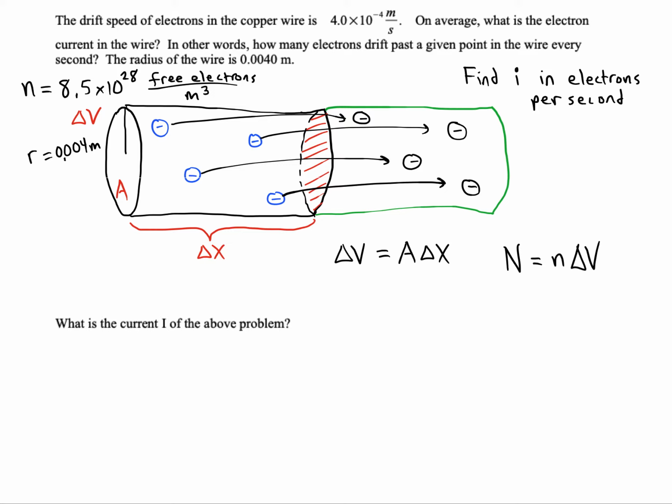So if we were to do a substitution here, we could take this portion, A delta x, and substitute it in to make this expression. And interestingly, if we want to go farther, we can divide both sides by time.